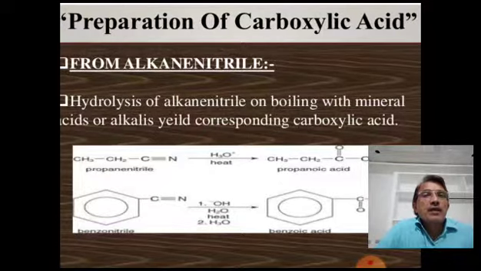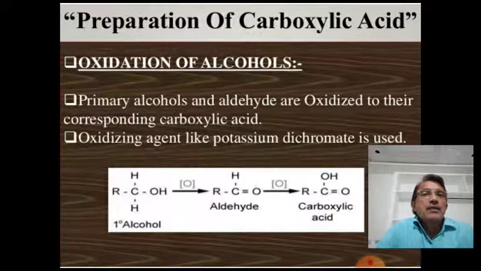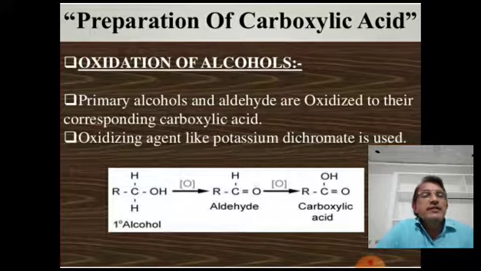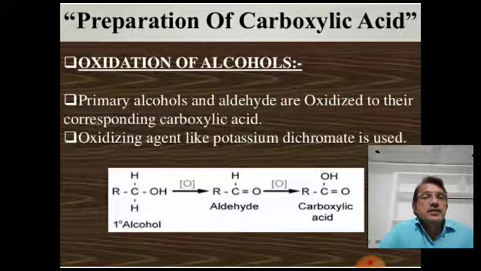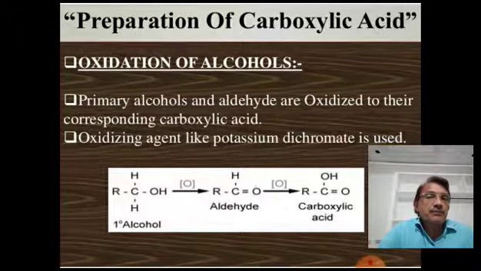Example is not mentioned, but we can take the example of primary alcohol as C2H5OH. In place of R, if CH3 is taken, CH3CH2OH, that is ethanol or ethyl alcohol.